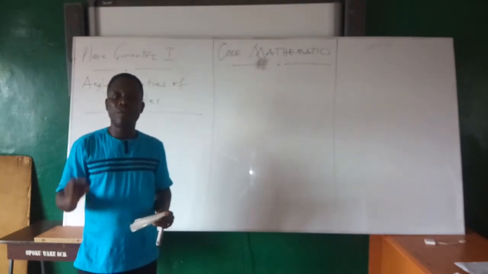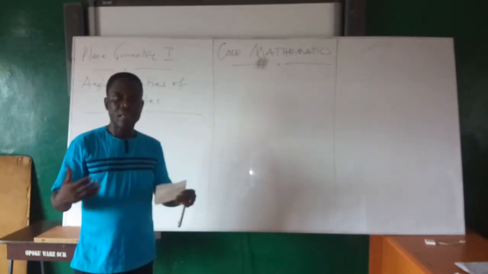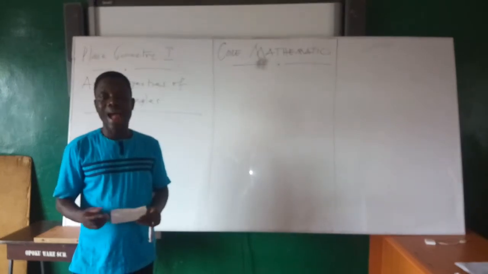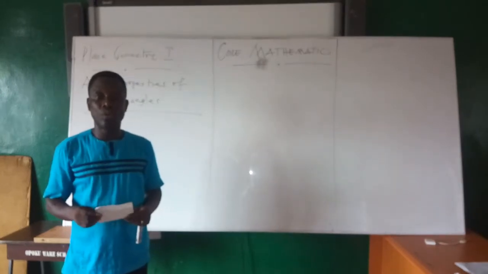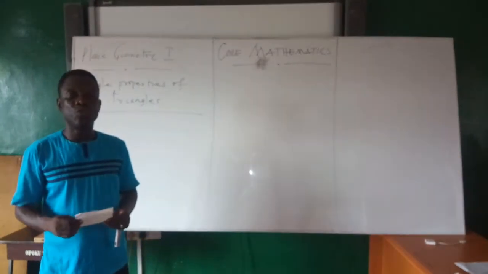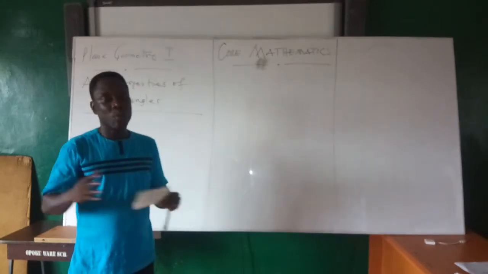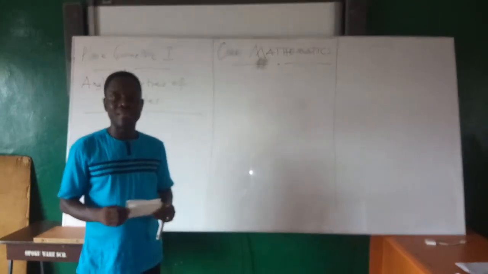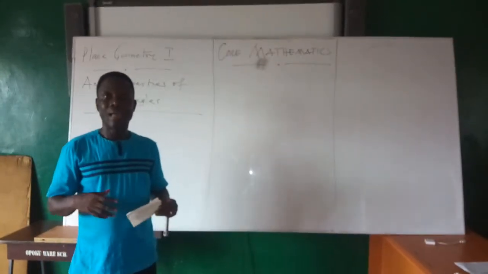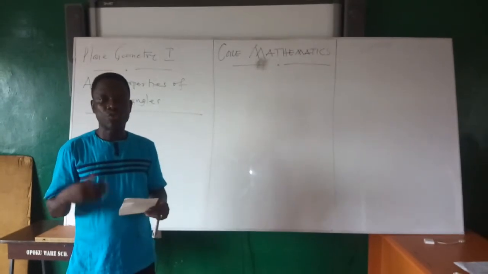Now, in terms of relevant previous knowledge, that's the background or the knowledge you need to be able to understand the topic I'm going to look at. You need to have started plane geometry 1. At least you must have an understanding of the angle properties of straight lines and of parallel lines. In fact, you should be able to state the properties and be able to apply them to solve questions.